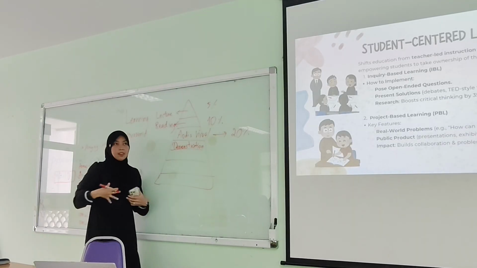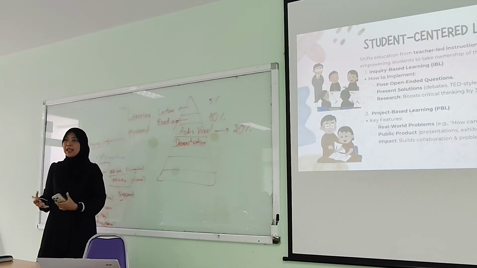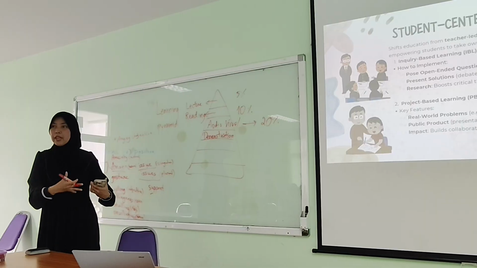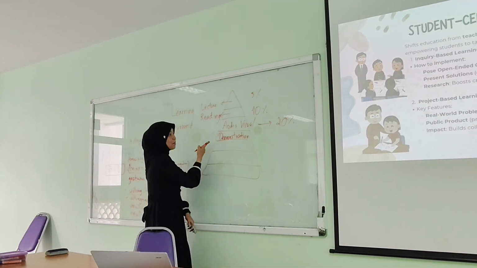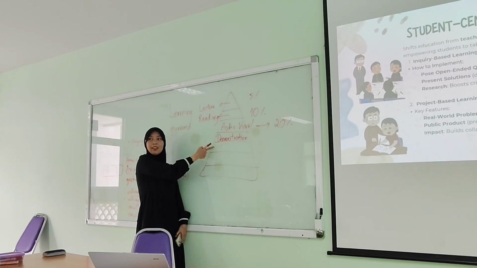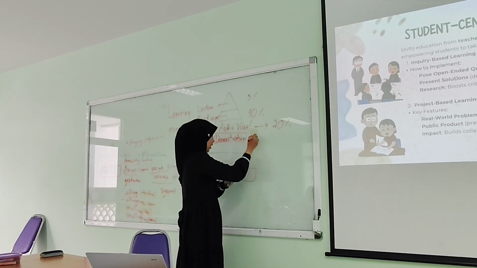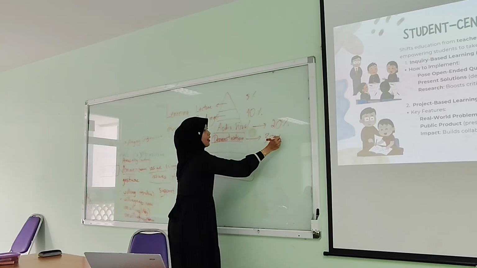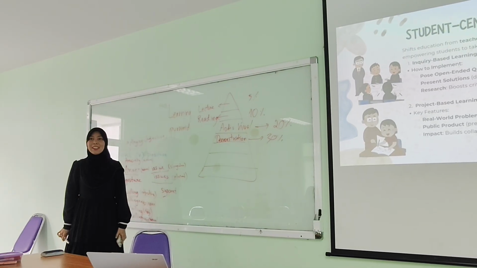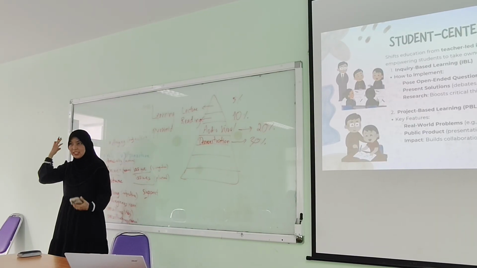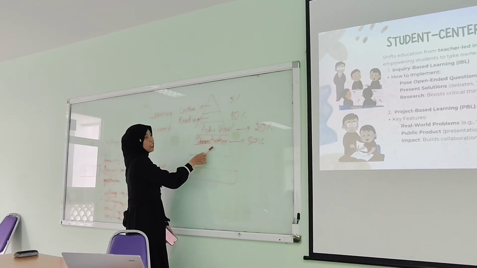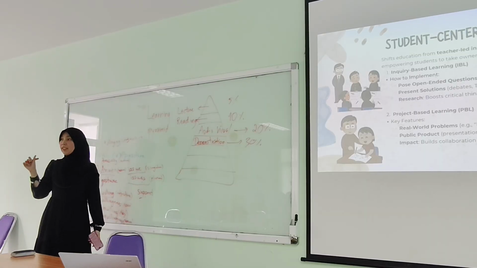And the last one, demonstration. For example, showing students how. It might seem effective, right? But it's just 30%. Better, but just 30%. Maybe we think that demonstration is the best way, right?